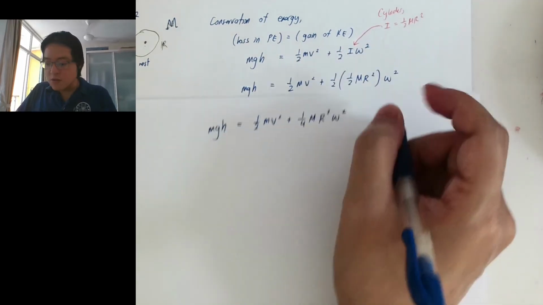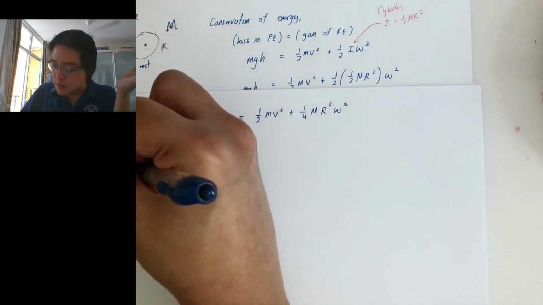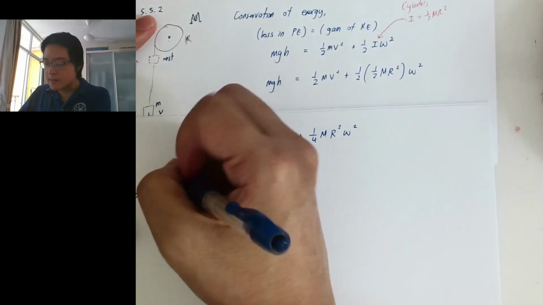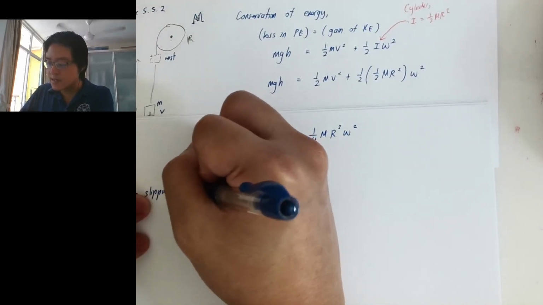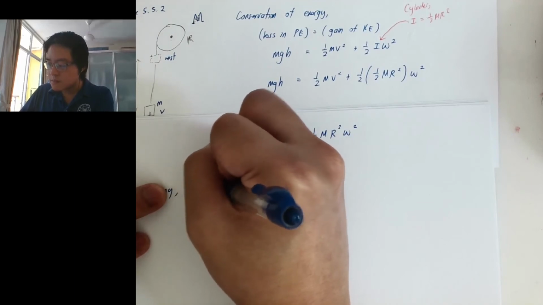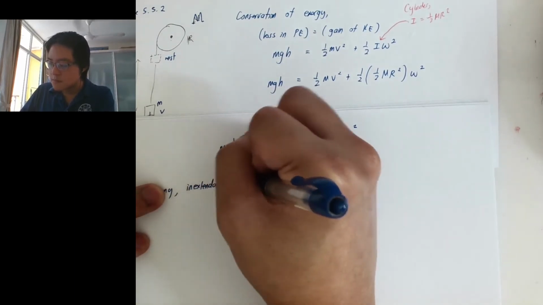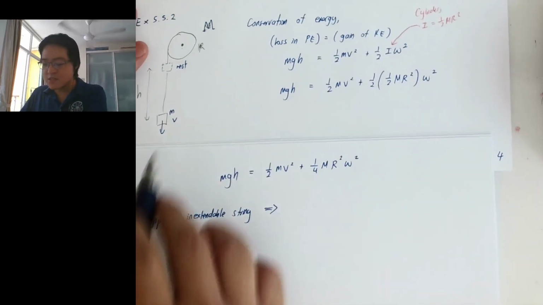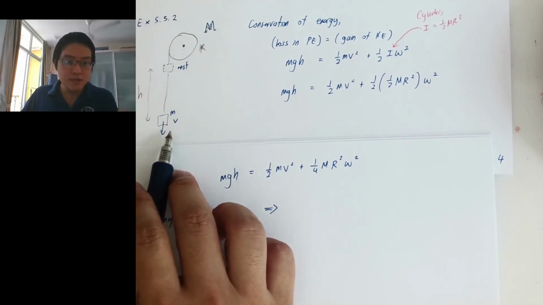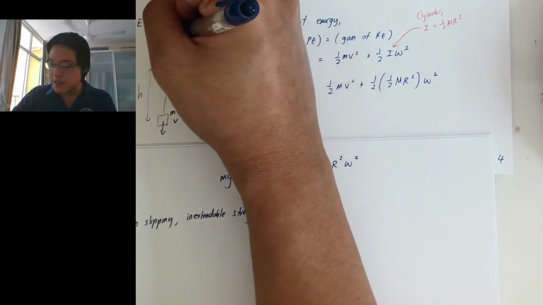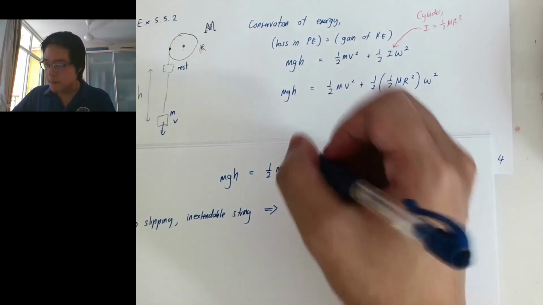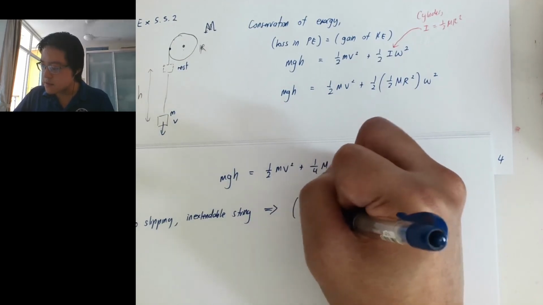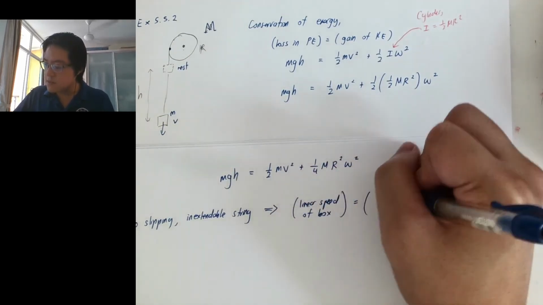Okay, now the question again says there is no slipping, and the string is inextendable. What does that mean? Well, this whole thing is just trying to tell you that the linear speed of this box, or translational speed, is the same as the tangential speed at the edges of the cylinder.